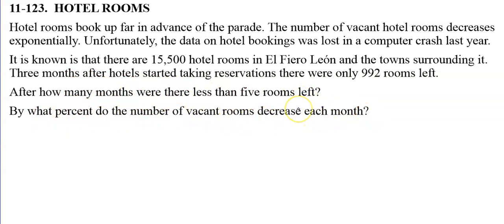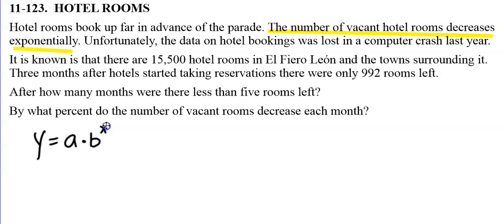Okay, so what we have here is we know that it's exponential. Number of vacant hotel rooms decreases exponentially, which means we need to have something that looks like y is equal to a times b to the power of x. And so we know that there are 15,500 hotel rooms total.